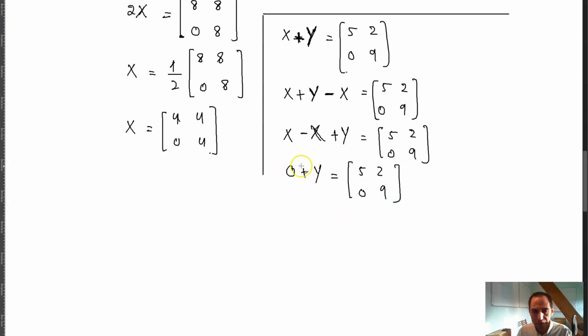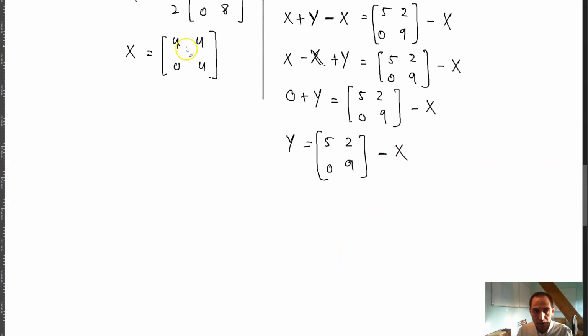And since O plus Y is equal to Y, then Y is equal to 5209, except that I forgot something. I forgot to subtract x from this side, because when I subtract x from this side, I have to subtract it from this side as well. So I have to subtract x from all of these equations.